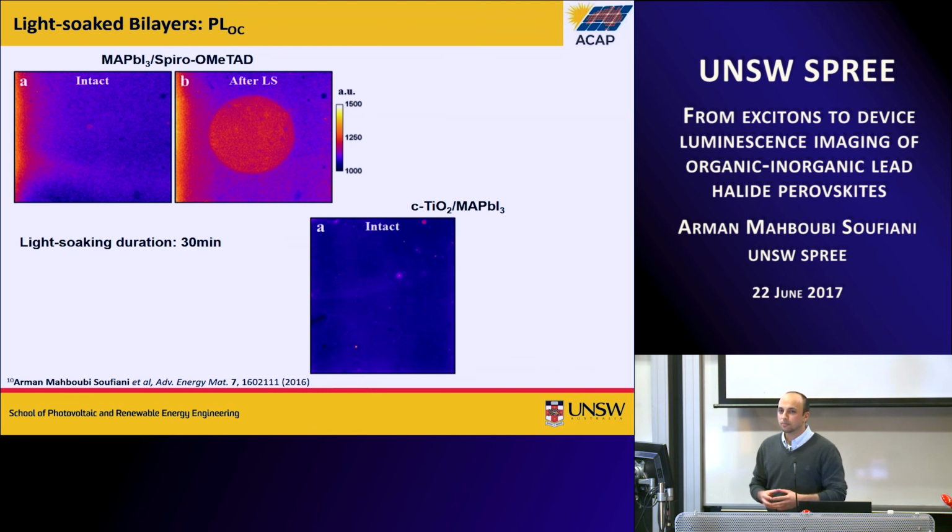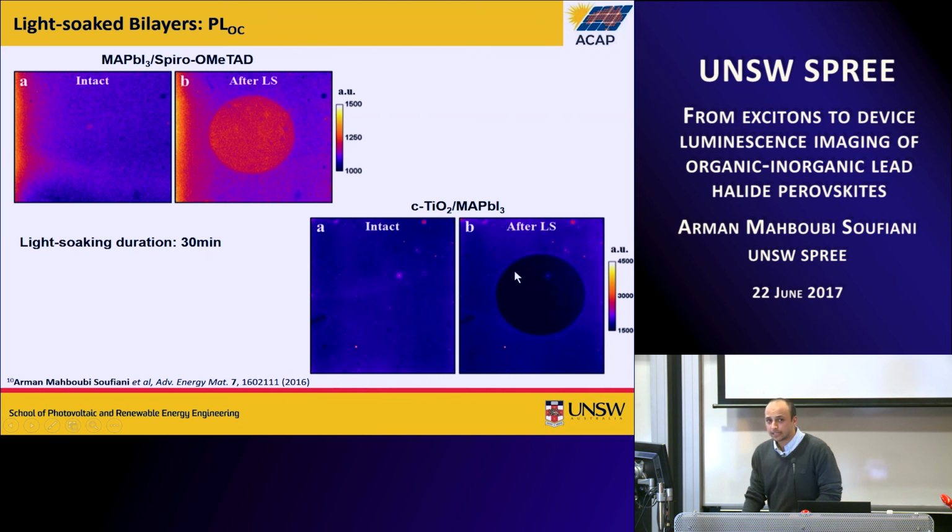So the previous observation cannot be attributed to increased non-additive recombination in the bulk or the back interface, the rear interface. And then I performed the light soaking on the titanium oxide and perovskite bilayer and realized that after light soaking, the region which was illuminated appears much darker than the surrounding region.